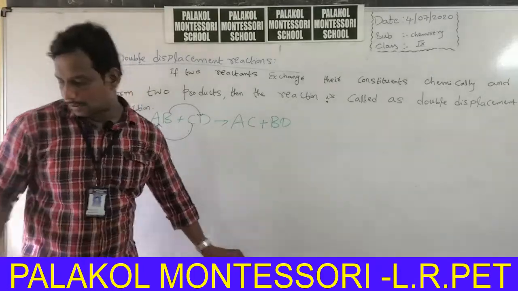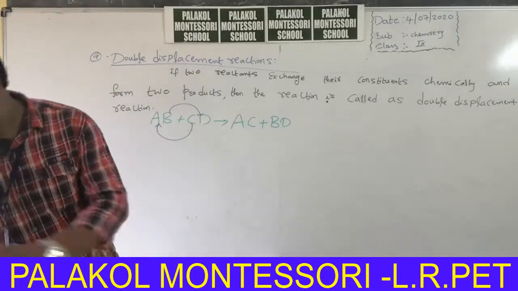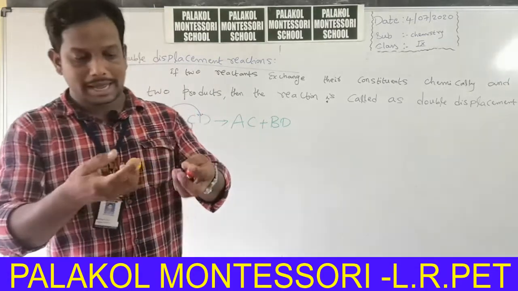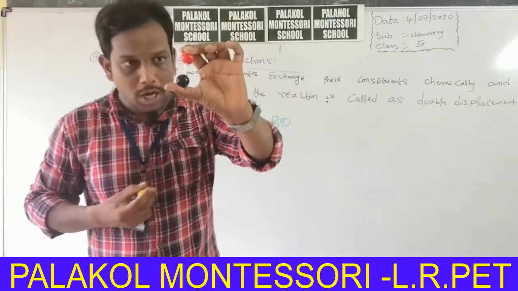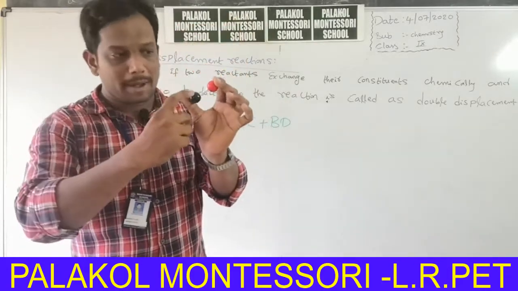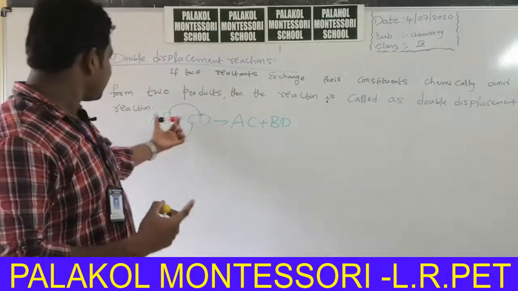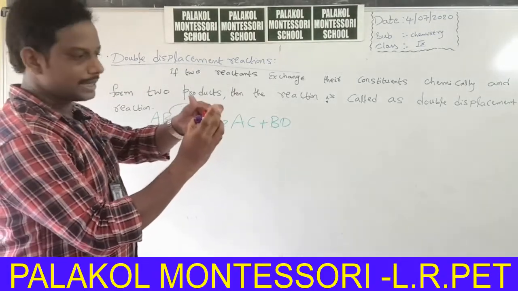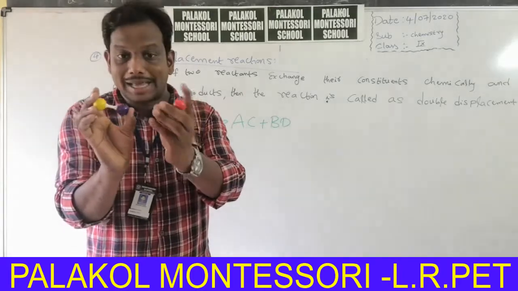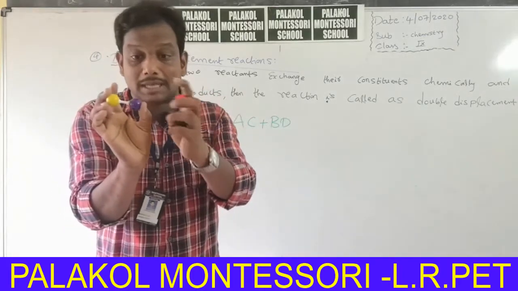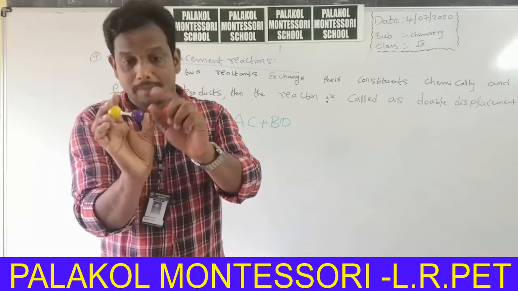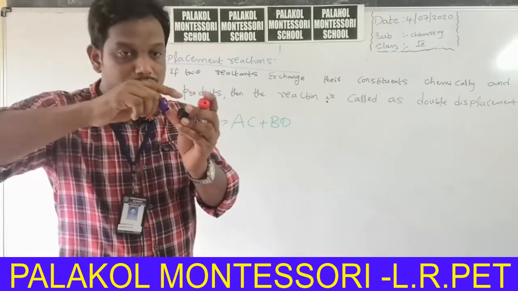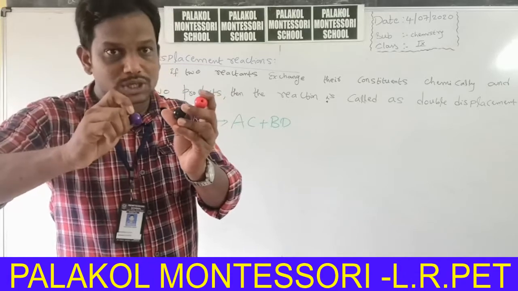Say for example, take this type of model. Here, this is one molecule which is having one type of atom and another atom, like AB. This is another type of molecule, CD. This is C, this is D. When these two are combined, they exchange their atoms. That means this violet color ball moves into this position, this black color ball moves into this position.